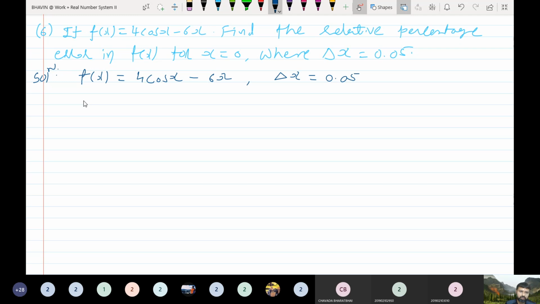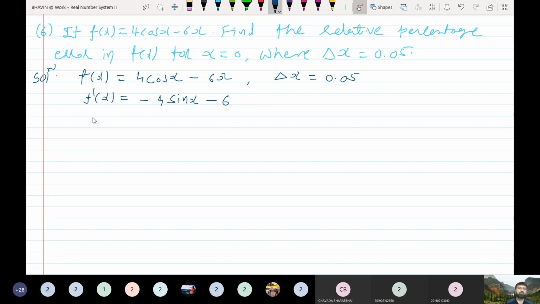Okay, so now what is f dash x? That is minus 4 sin x minus 6.